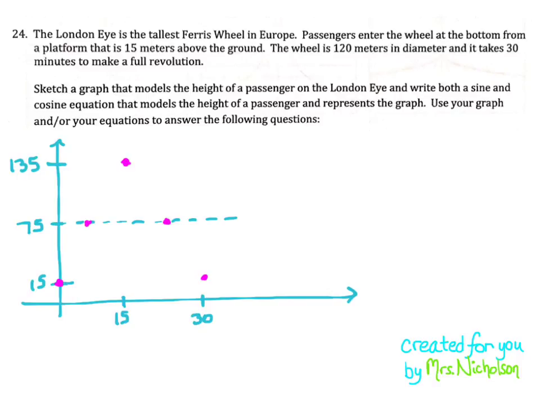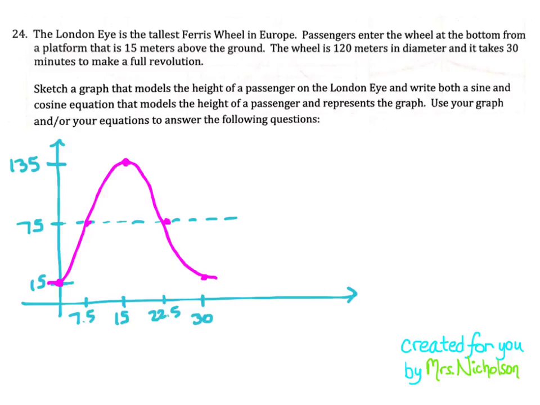And then the points where we're in the middle of the Ferris wheel at 75 meters, that's going to be half the time between 0 and 15, 7.5, and then this one would be 22.5. And so there's our graph that models a ride on the Ferris wheel.